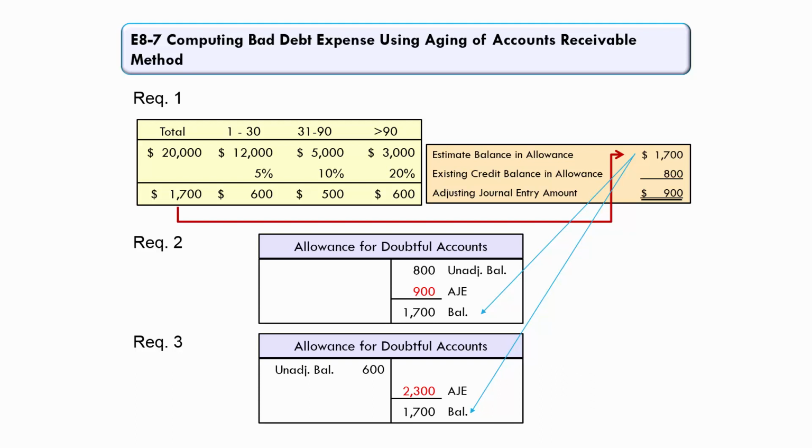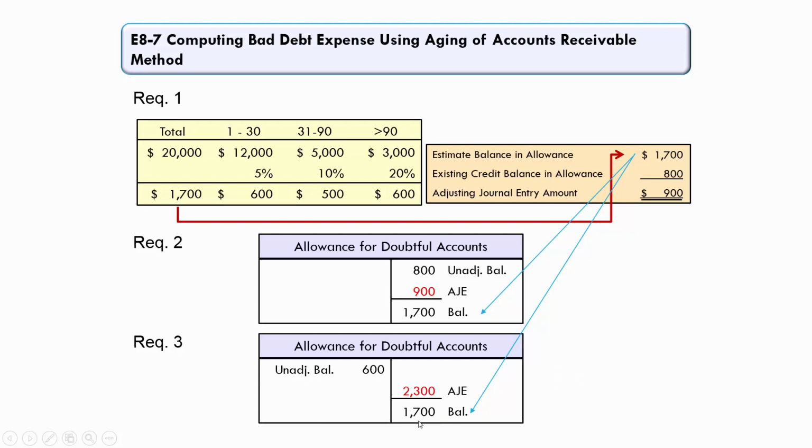So you would credit the allowance for $600. That would make its allowance balance 0. And then you need to put in another $1,700 as credit to make it a $1,700 balance. So the way I look at it is you're going to credit it two amounts, $600 and $1,700. And if you do those two, it's $2,300 you're going to need to credit it to make it $1,700.